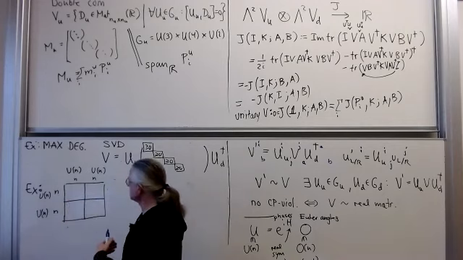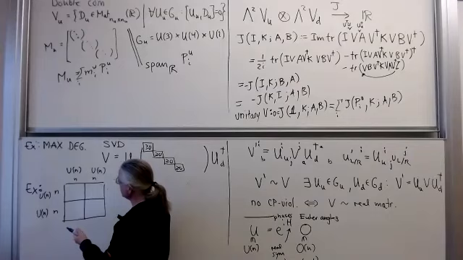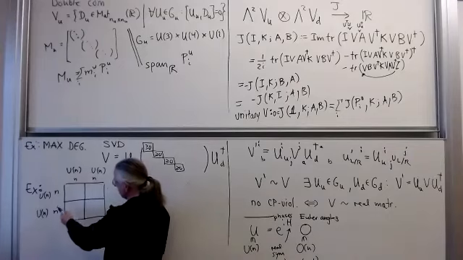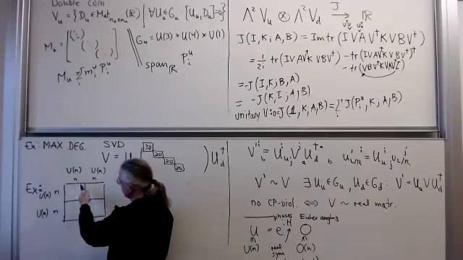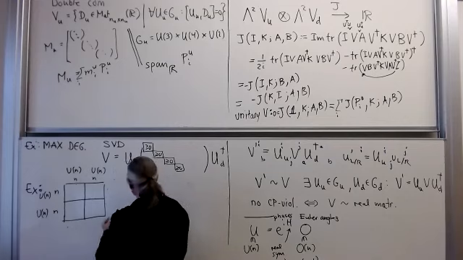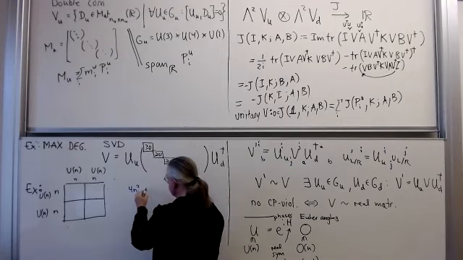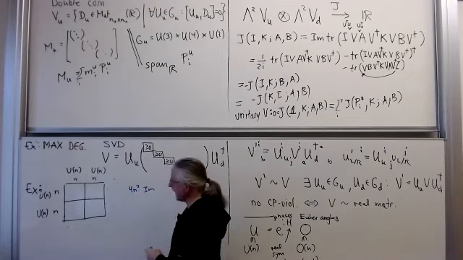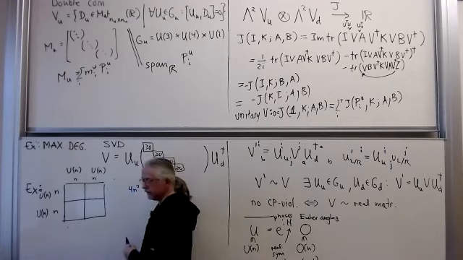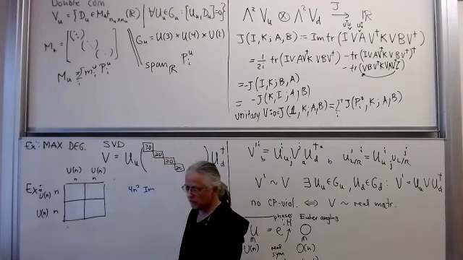Remember, we're trying to make this real, so we're asking how many imaginary entries are there? There's 2n times 2n. Should I write that number? So it's 4n squared imaginary numbers that we would like to get rid of, so we can make it real.